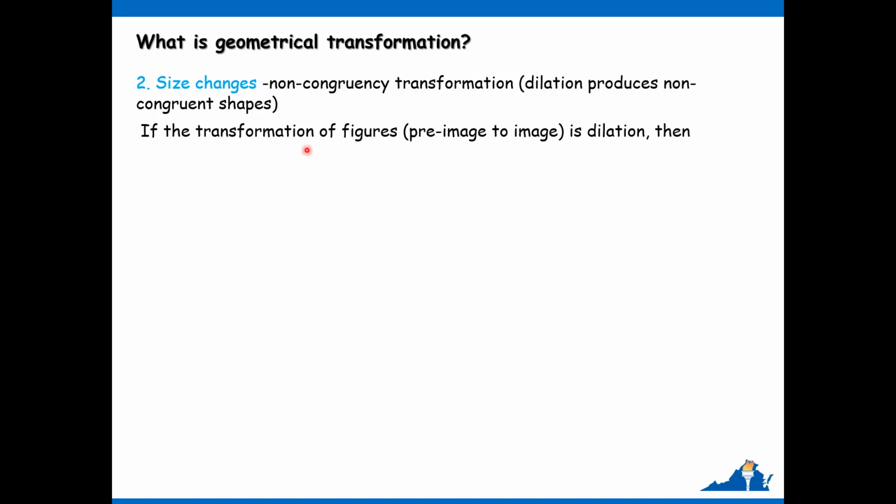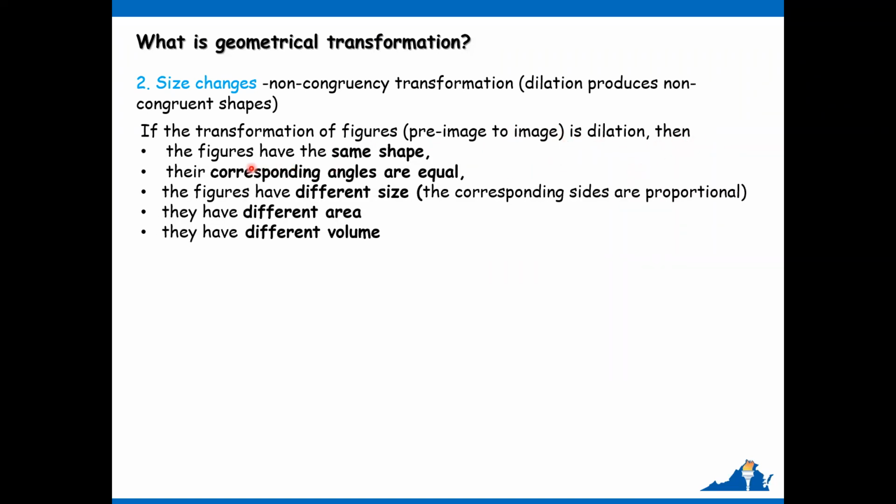Therefore, if the transformation of figures, that is pre-image to image, is dilation, then the figures have the same shape. Their corresponding angles are equal. The figures have different size. That is, the corresponding sides are proportional. They have different areas. They have different volumes.